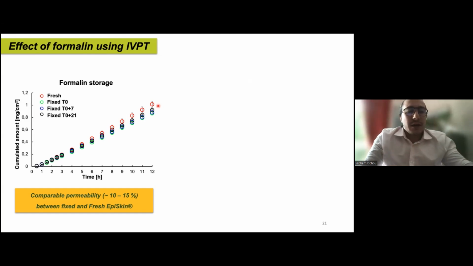So the accumulated data here indicated that the barrier function in the fixed samples remained intact, albeit with slightly reduced permeability. And it preserved the limiting diffusion rate even after 21 days of storage.